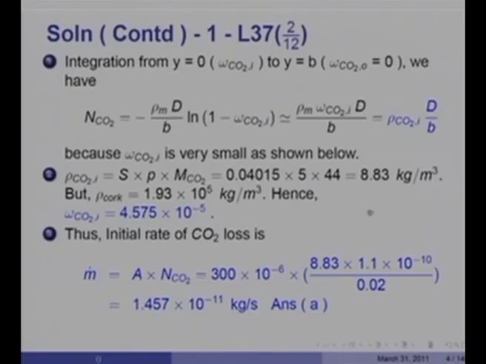This diffusivity is 1.1 into 10 raised to minus 6, and B is 20 millimeters. So, that is 0.02, and this gives you the answer. The initial rate of mass flow will be 1.457 into 10 raised to minus 11 kilograms per second, which is the answer of part A.